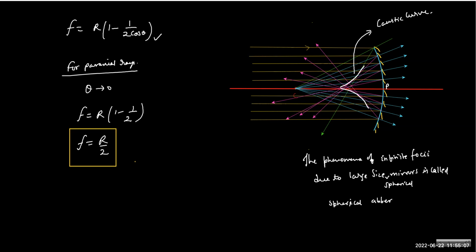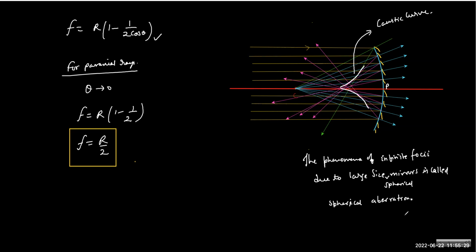Aberration, I always get it incorrect. You can just check whether it is double B or double R, I'm always confused with this word. So the phenomenon of infinite foci due to large size spherical mirrors is called spherical aberration.